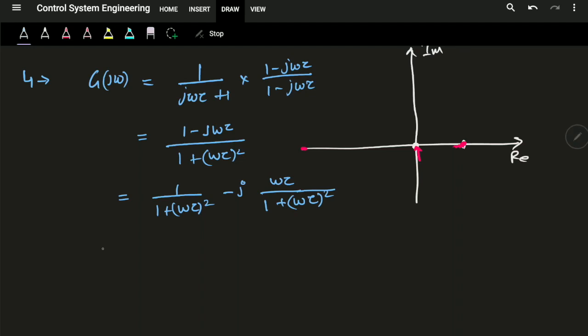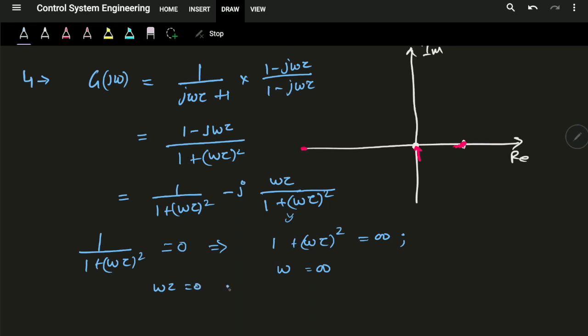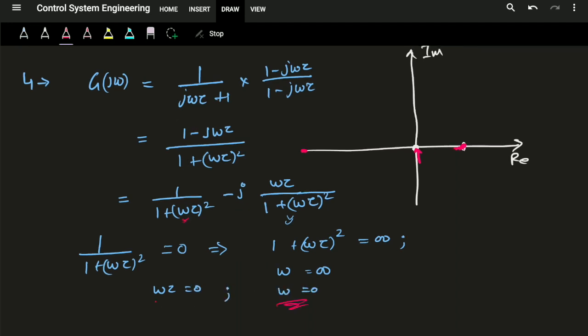If we set the real part equal to 0, it approximately requires 1 plus omega tau whole square to equal infinity, so omega equals infinity. Similarly, if we set the imaginary part equal to 0, we get omega tau equals 0 and omega equals 0.